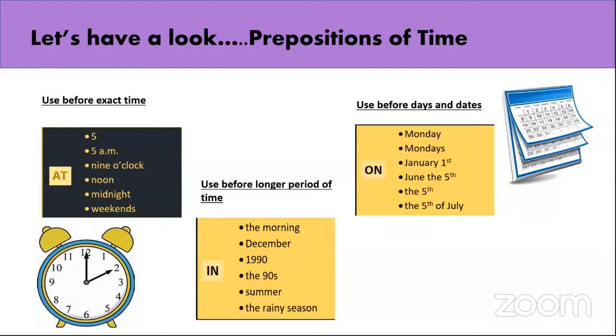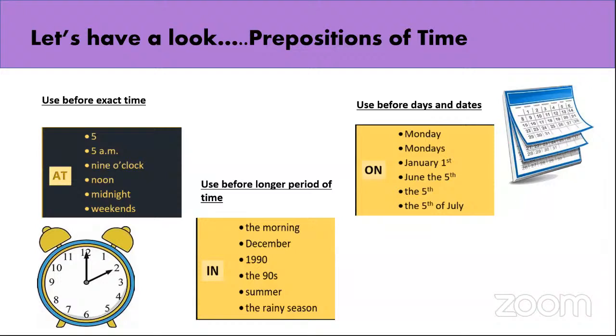But here, in the morning is fine, but you can't say in night. Remember, it is different. It should be at night or at midnight. That is exact time. At noon. So in the morning, in the evening, of course, you have to use in there.